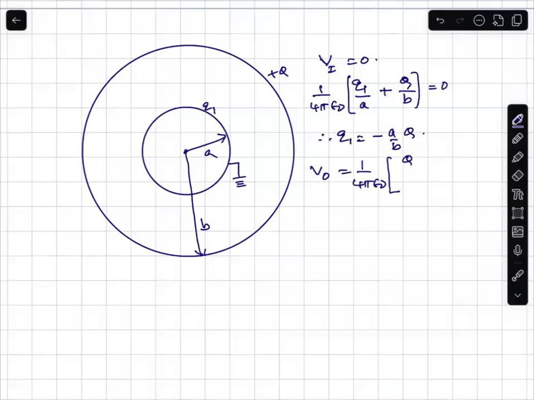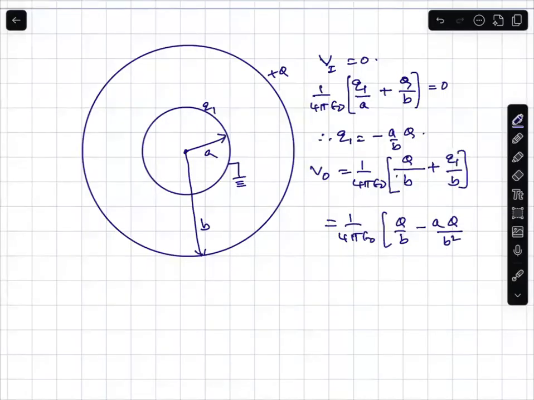You are speaking about the induced charge of minus Q1 inside and plus Q1 outside. Both will get cancelled. What is the net charge on the outer shell? It's Q. That's all. So Q by 4 pi epsilon naught... plus Q1 by P. That is the potential of the outer one, which is nothing but 1 by 4 pi epsilon naught Q by B minus, by proper substitution, you will get minus AQ by B square.